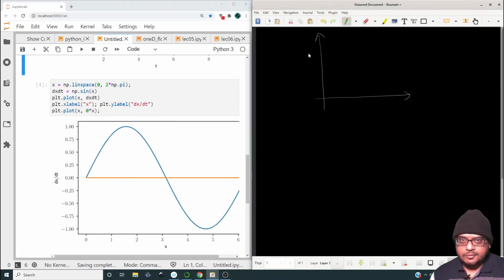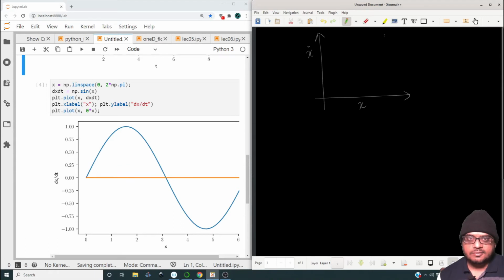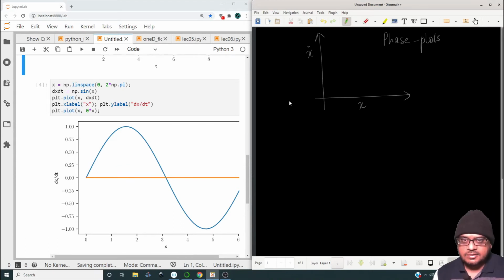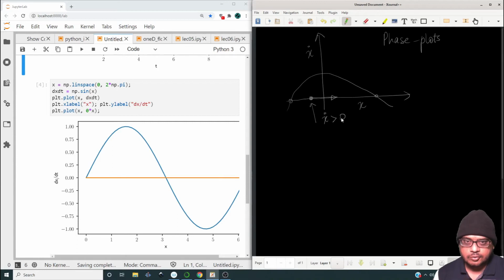These kind of plots where we are plotting x dot versus x for autonomous systems are called phase plots. And the reason is the nature of the plot. If x dot is positive over here, you know that if this is an initial condition, it will move towards the right, because this point, by virtue of this particular curve, has x dot greater than 0.